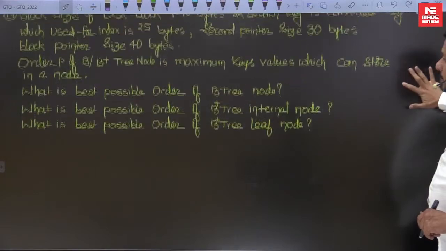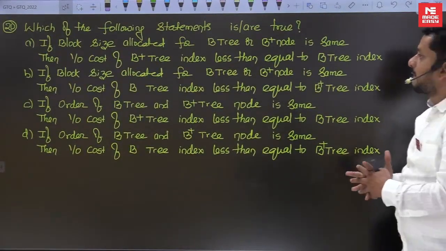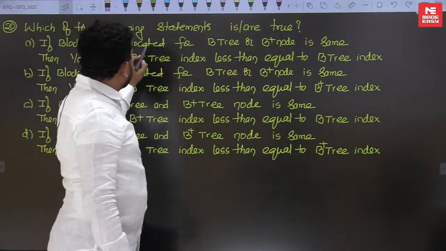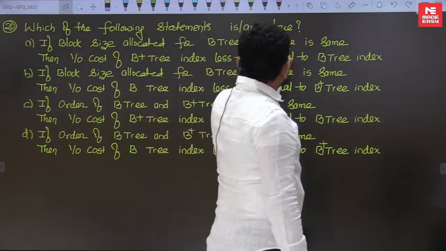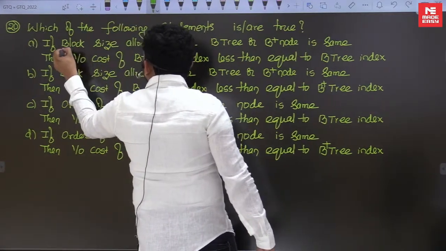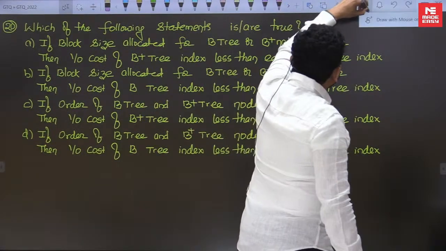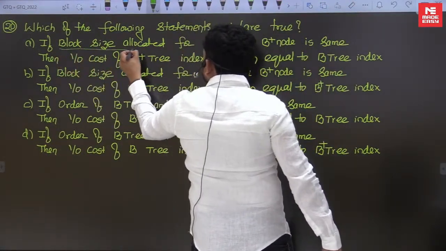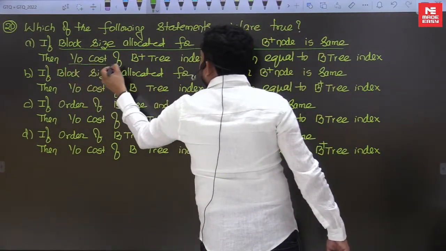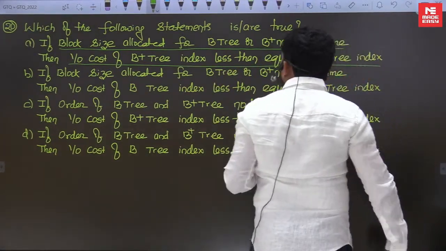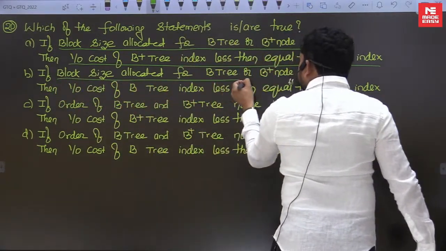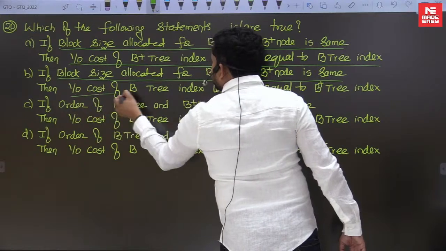Answer this question. Which of the following statements is true? If the block size allocated for a B tree or B plus tree node is the same, then the IO cost of a B tree index is less than or equal to a B plus tree index, or the IO cost of a B tree index is less.